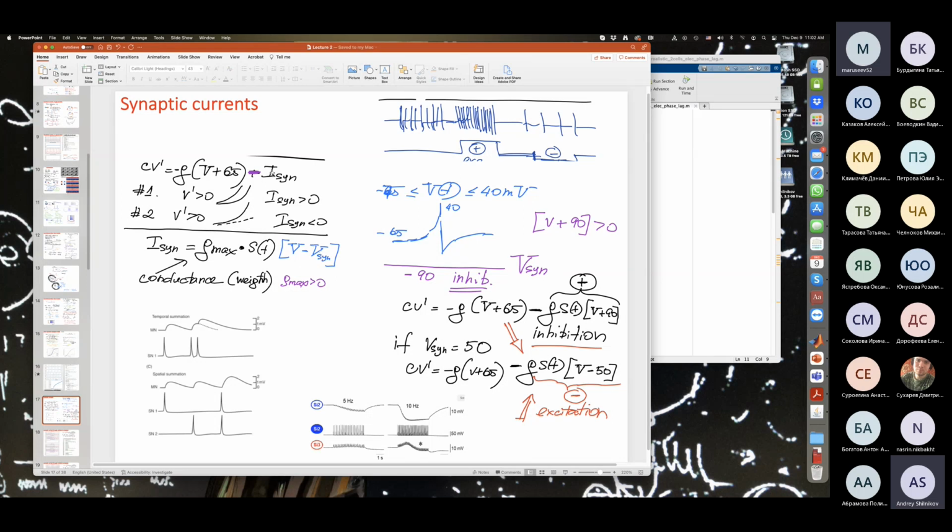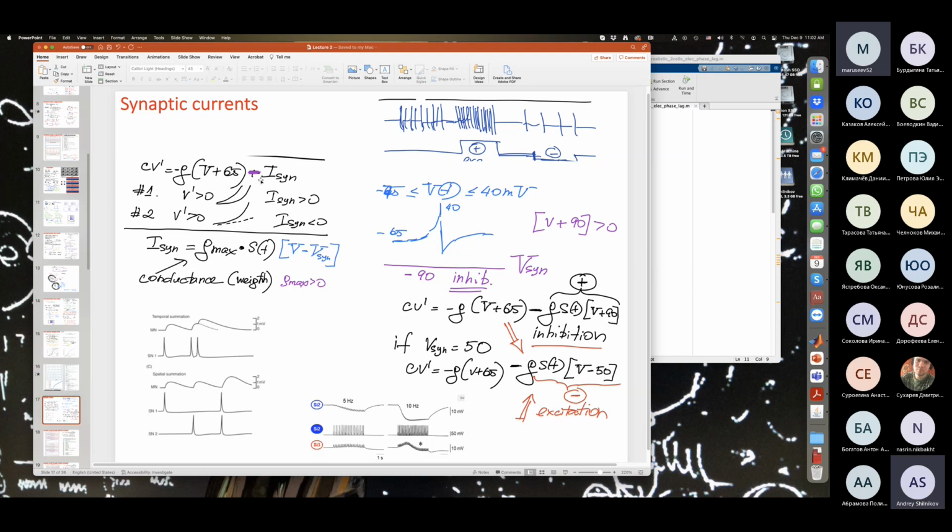So if I want to make sure that this expression is positive, G max is positive, S is positive, I want to make sure that this difference is negative, which means V reversal should be higher than V. So I want to place this reversal potential above the spike limit. If this is 40, it's got to be around here.